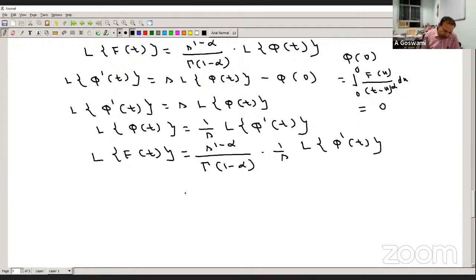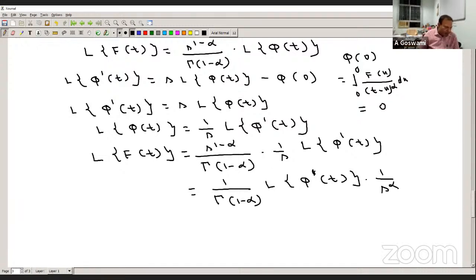So that this equals, you can write down, 1 by gamma(1 minus alpha) Laplace transform of phi dash t into, if you bring this s down, 1 by s.